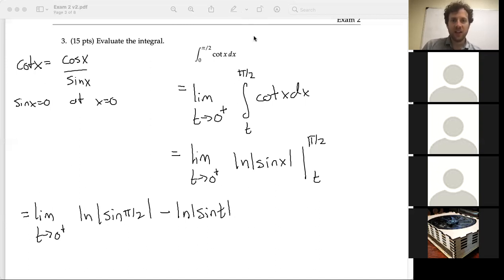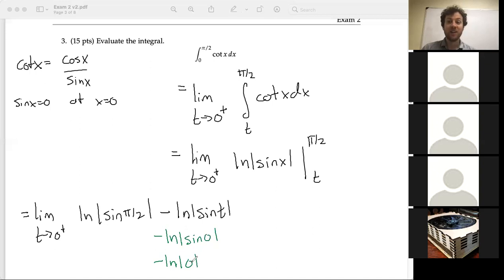And for understanding this, how we can try to understand limits is, well, what happens if you just put 0 in here? So if we do that, we get this natural log of sine of 0, and sine of 0 is 0. So we're thinking, what's the natural log of 0? And here's where we start to see what's happening.